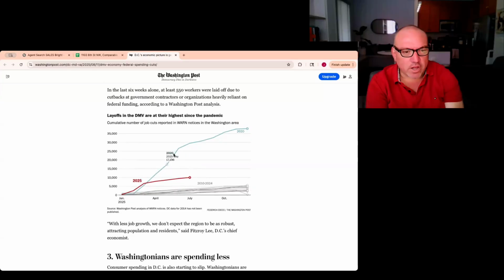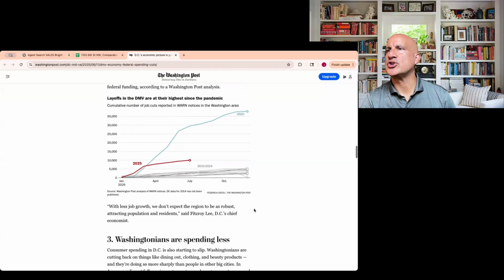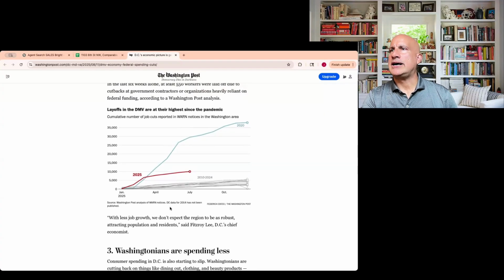And 2020 is the pandemic, obviously. So this isn't nothing, obviously. This is definitely higher than the traditional, and it'll be interesting to see where this goes.